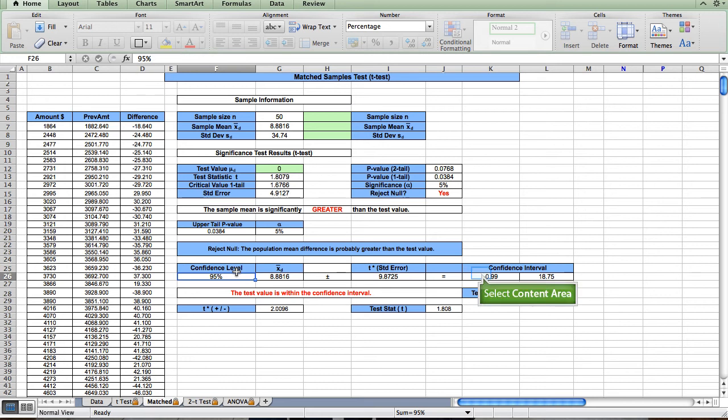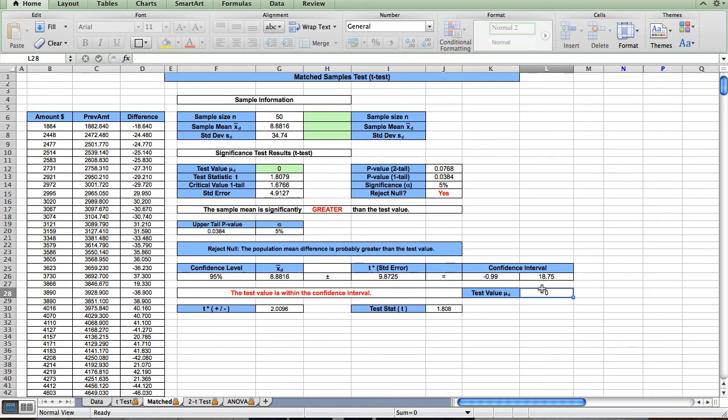I'm 95% confident that the population mean change in amount charged from one year to the next is going to be somewhere between negative 99 cents, that is, amount charged would go down on average 99 cents, to positive $18.75. In other words, that it would go up on average $18.75.